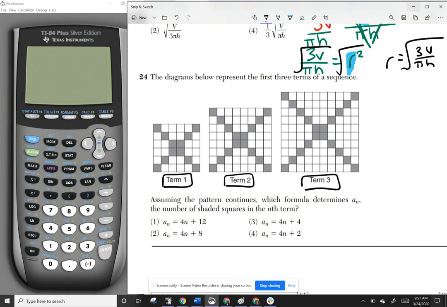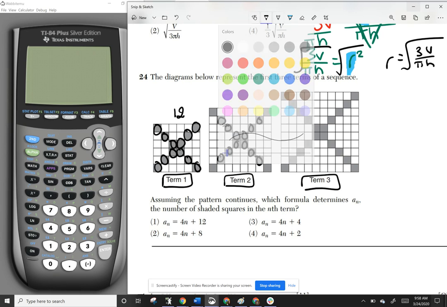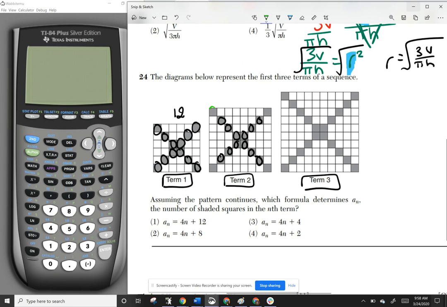So in term 1, count them up. That's 1, 2, 3, 4, 5, 6, 7, 8, 9, 10, 11, 12. In term number 2, it's 1, 2, 3, 4, 5, 6, 7, 8, 9, 10, 11, 12. So it's still 12, but just with this added 4 corners.